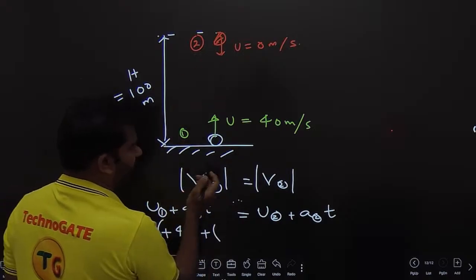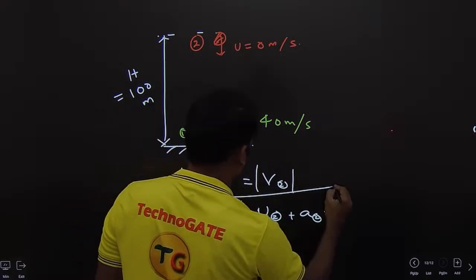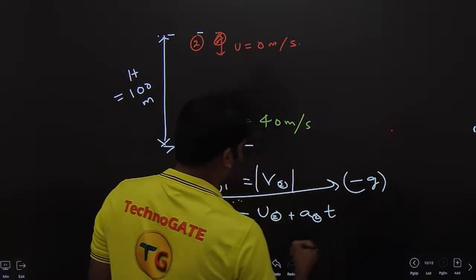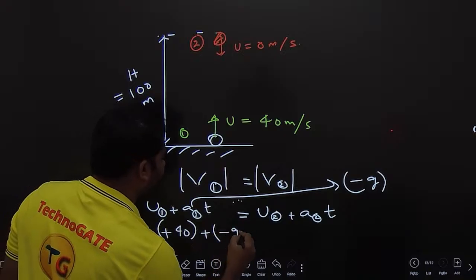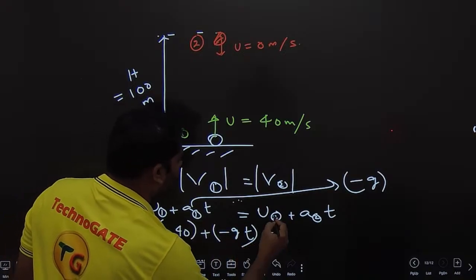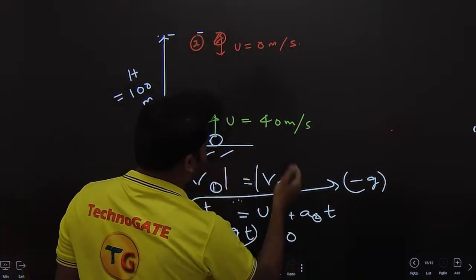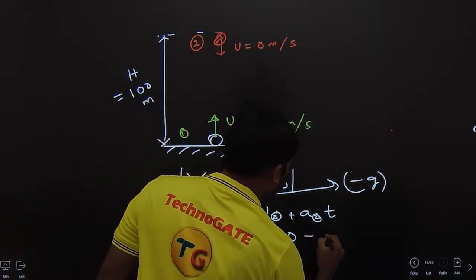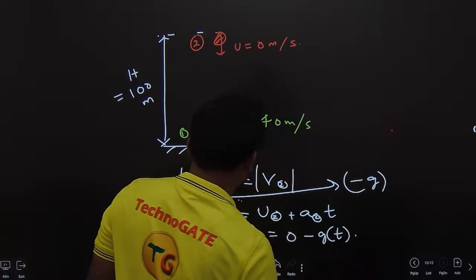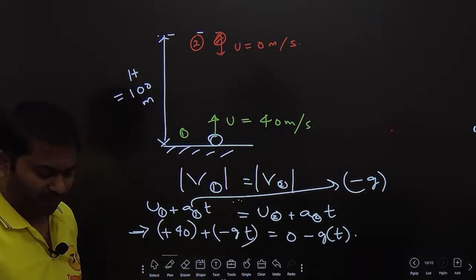For the first one, a1 is anyways minus g. So let me put minus g into t is equal to u2, which is going down, which is 0, and a2 is also down, so minus g into t. That's how we are getting it. Okay?